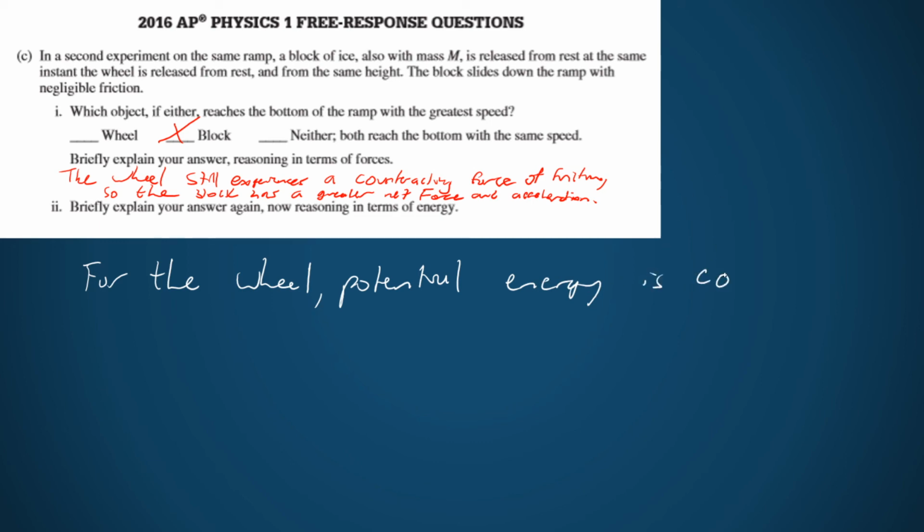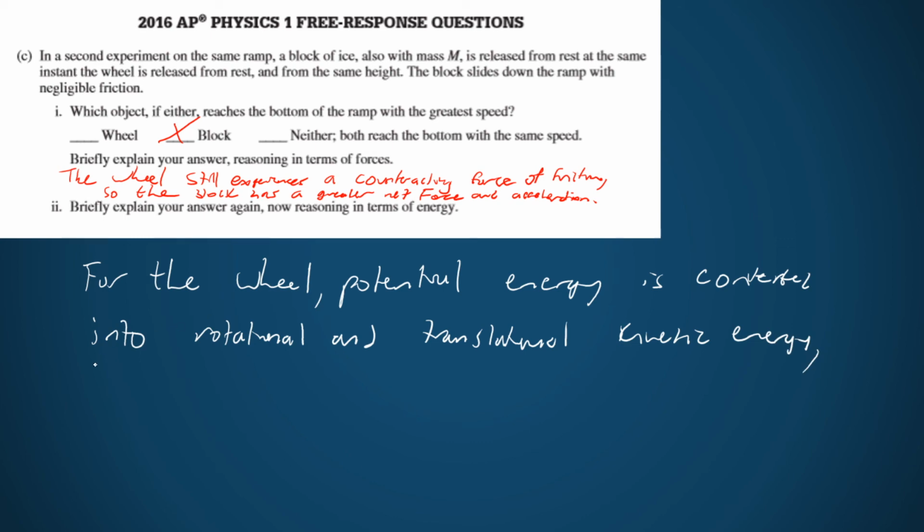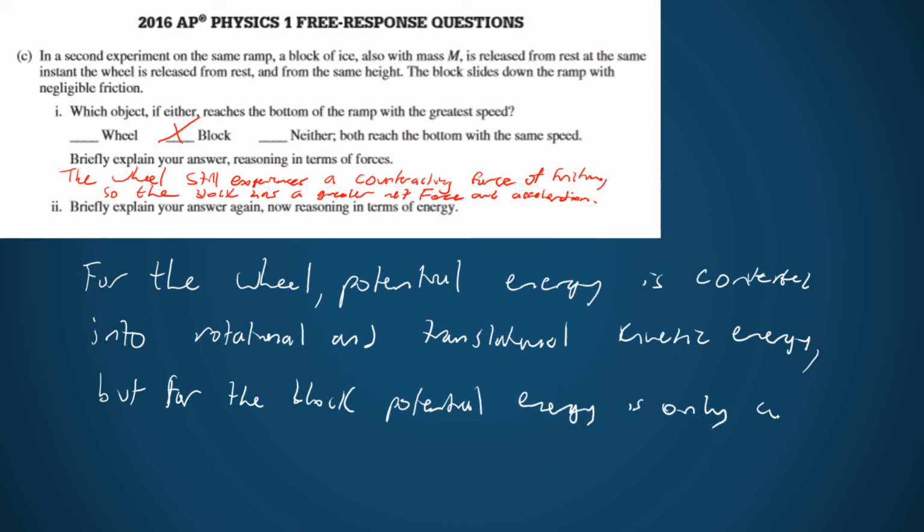Perfect. For the wheel, potential energy is converted into rotational and translational kinetic energy. But for the block, it is only converted to translational.